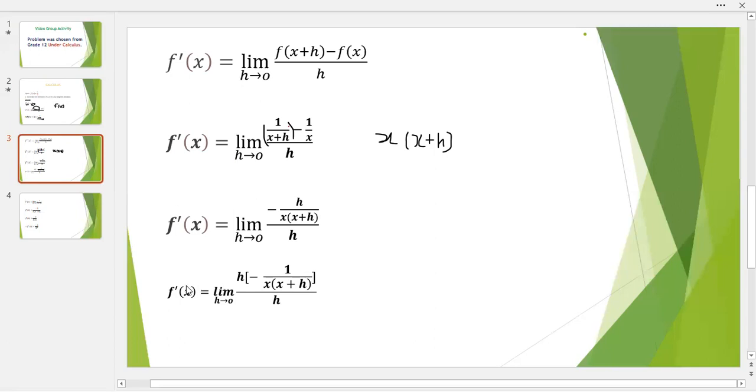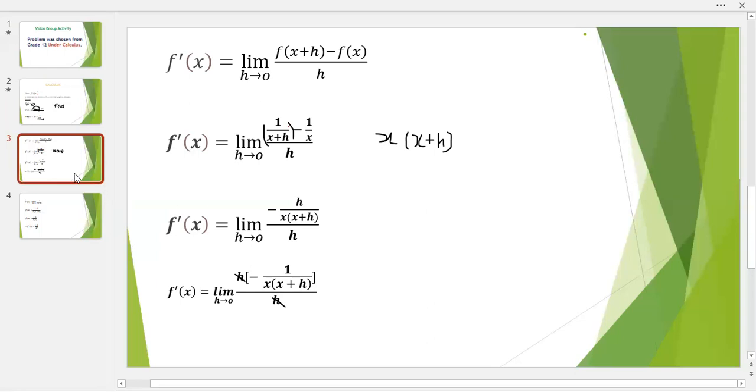So when we are proceeding with the problem, we have f prime of x as the limit as h tends to 0. These two h will cancel each other, because we have f prime of x equal to the limit as h tends to 0 of h into negative 1 over x into x plus h, all over h. So we cancel this h with this h.